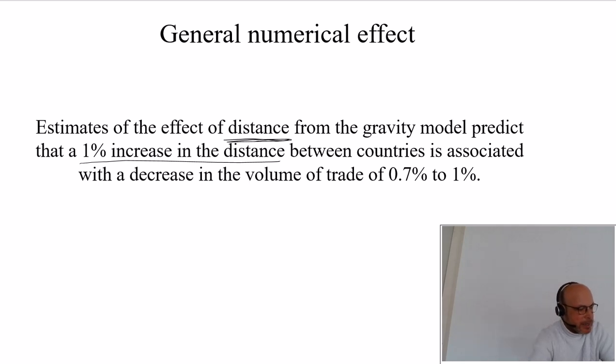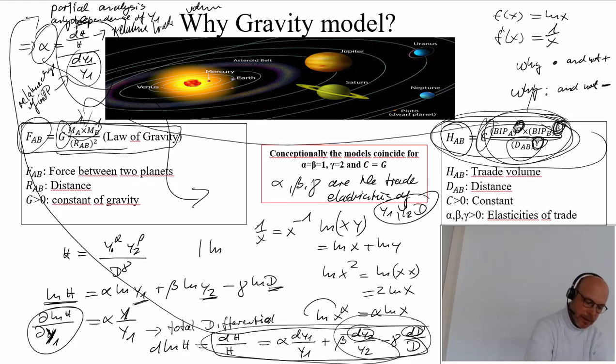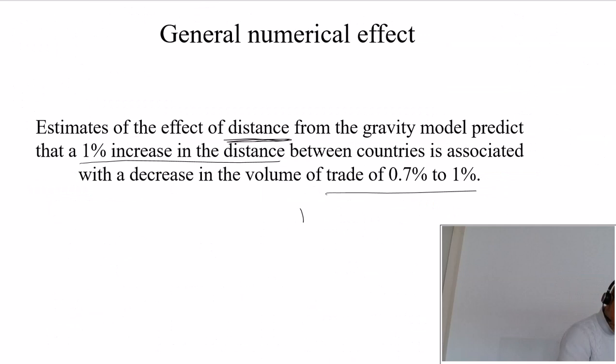So if you are increasing the distance by 1%, then the decrease of the trade volume would also be almost 1%, and this would then mean that this coefficient gamma here, if you make a quantitative analysis, would be roughly around 1. This is what one in general finds.